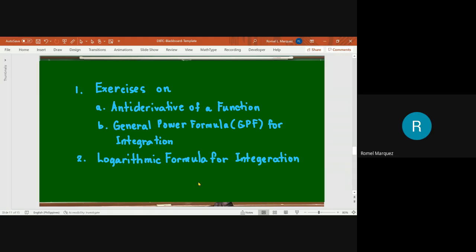So apply the different formulas for finding derivatives of functions, algebraic and transcendental. When you say transcendentals, these are trigonometric functions, inverse trigonometric functions, logarithmic, exponential, hyperbolic, and inverse hyperbolic functions. Is that clear, guys?